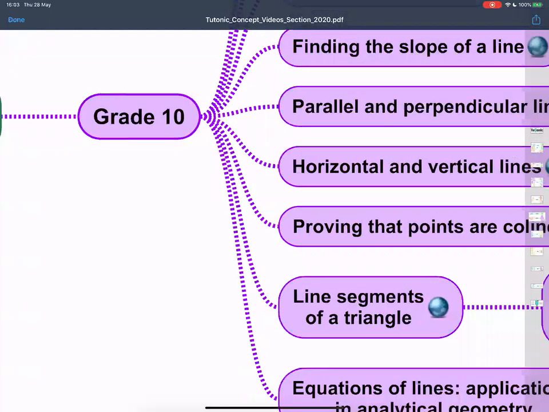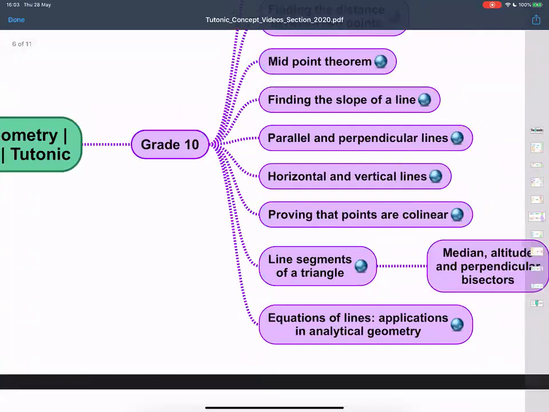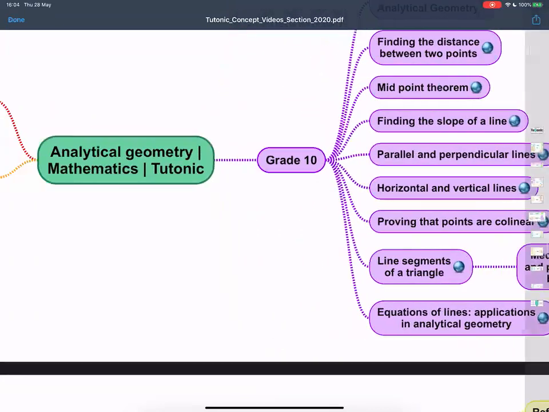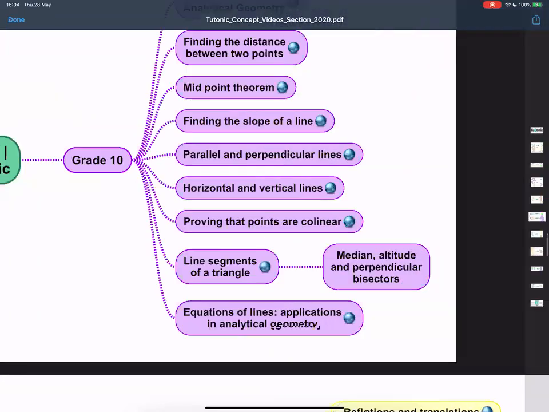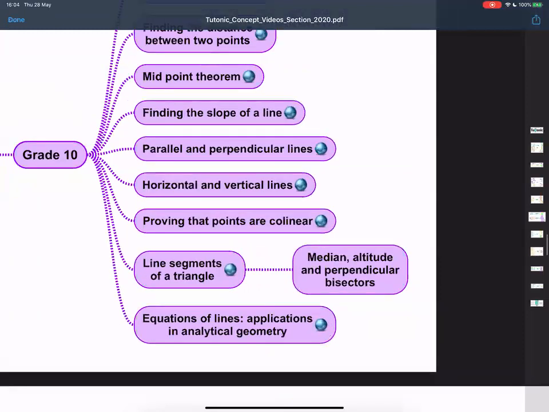So do you guys see why it's important to go back? I'm not making this stuff up. I'm not just telling you to go back for the sake of going back. It's because when you want to answer these questions, they assume that you know these things.